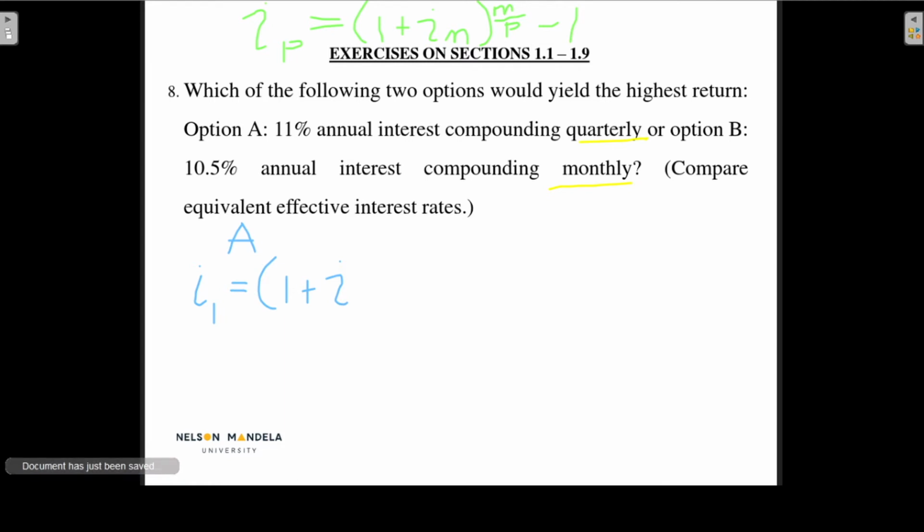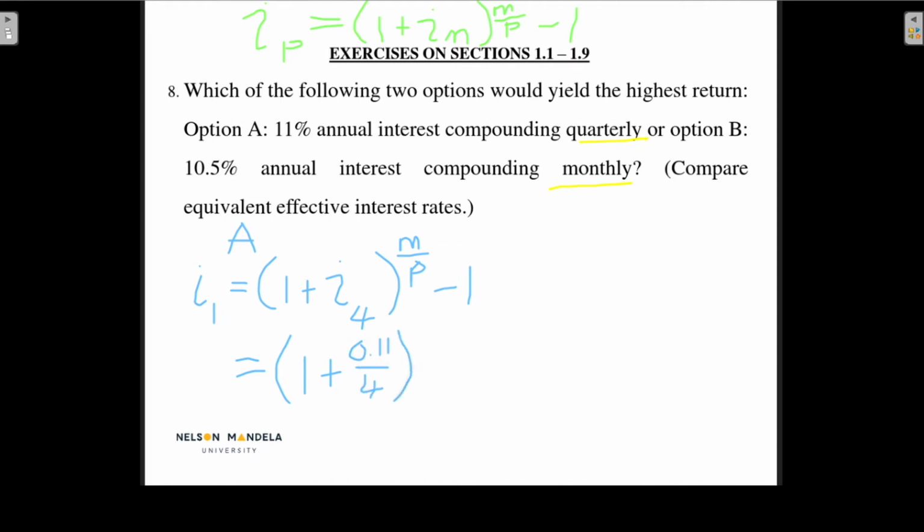Again, for A the compounding is quarterly, so we have the effective quarterly interest rate. We can find that. To get the effective quarterly interest rate, we take the nominal interest rate of 11%, we divide it by 4, and now what is my M?